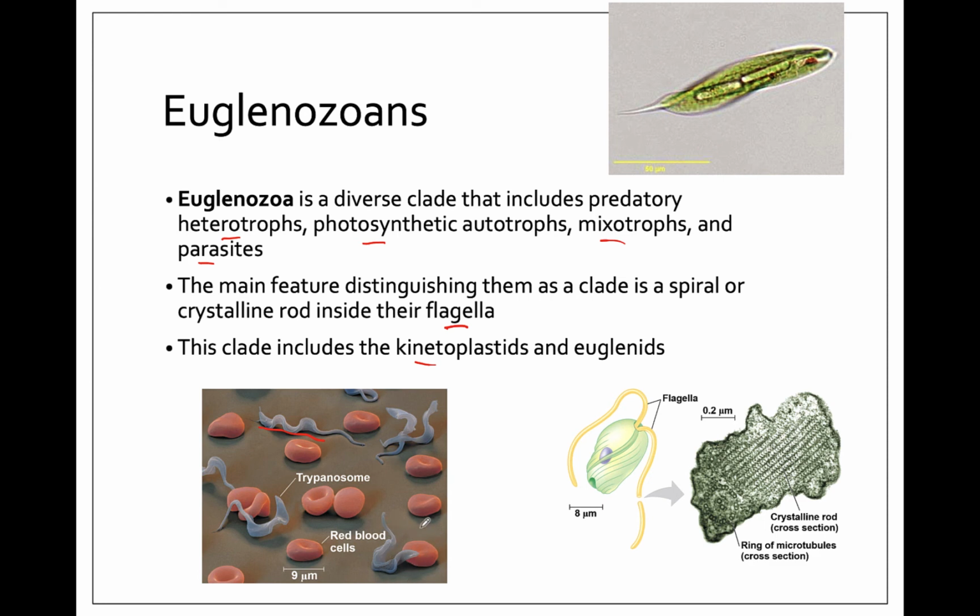It's got a really cool adaptation for evading human immune systems. Your human immune system recognizes the proteins that are on the surface of these cells, and eventually we adapt to recognize the proteins that mean, oh, hey, we've got a parasite.